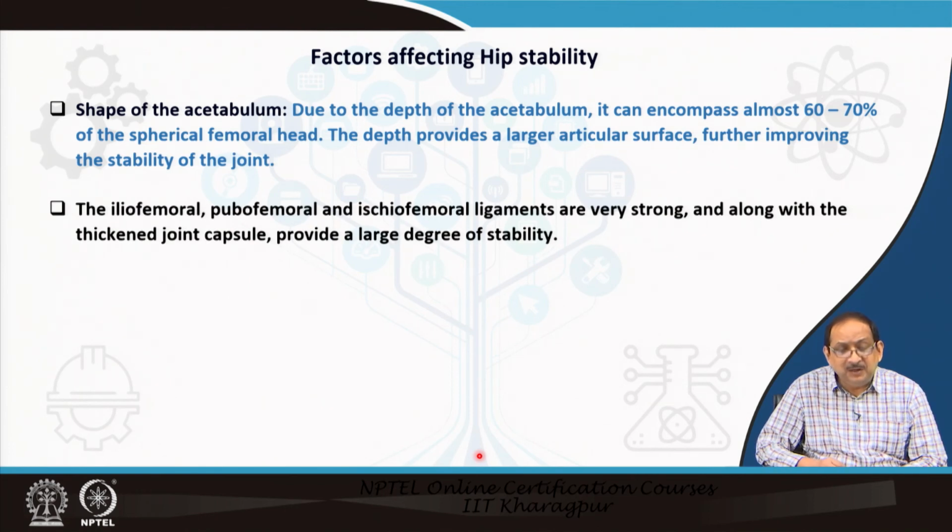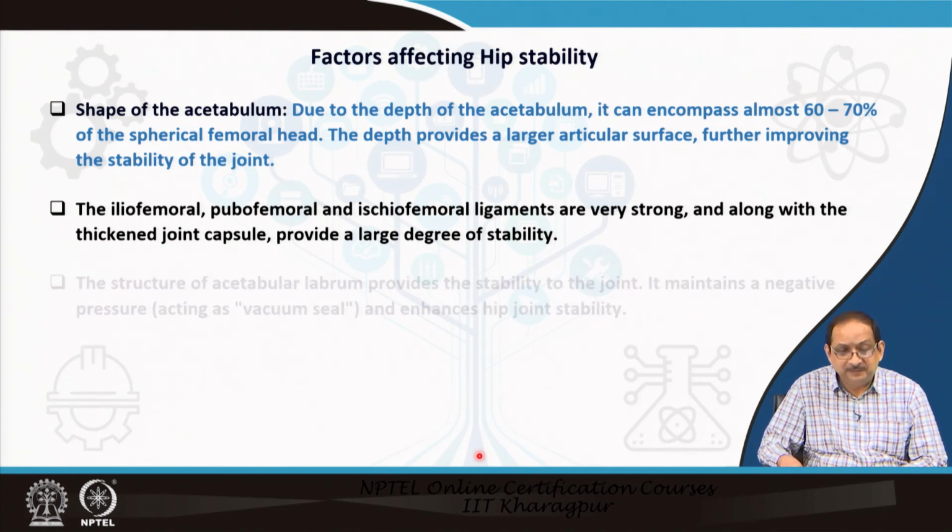The iliofemoral, pubofemoral and ischiofemoral ligaments, the three most important ligaments, are very strong ligaments, and along with the thickened joint capsule provide a large degree of stability to the hip joint.